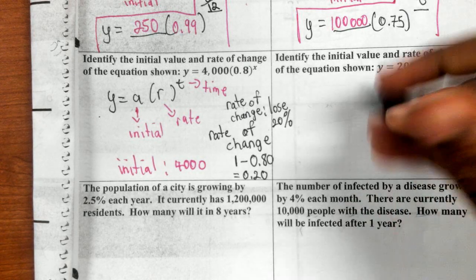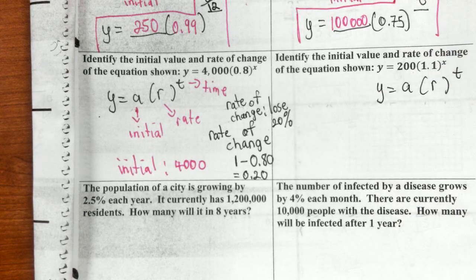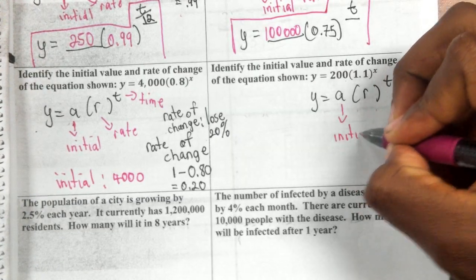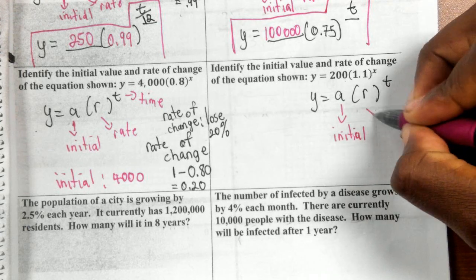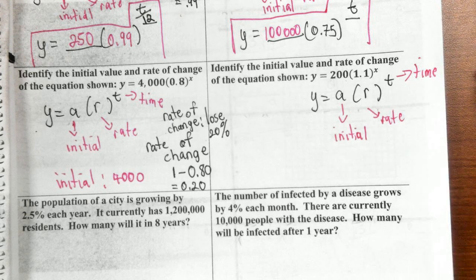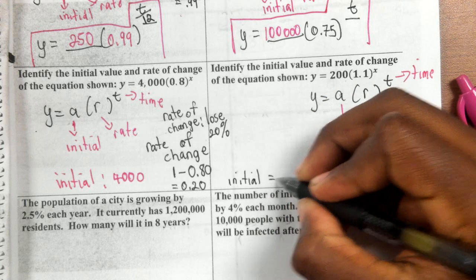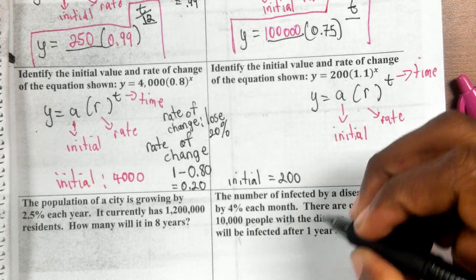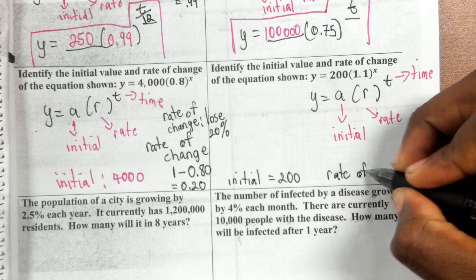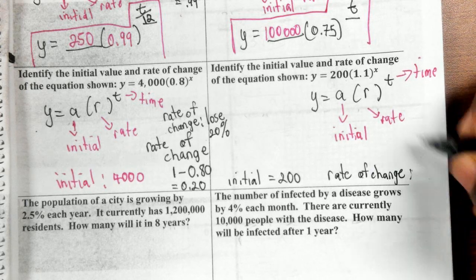So what do you think your initial is? Because again, it looks like that y equals a parentheses r to the exponent t, all right? So when you're doing this, you know that a is your initial value, r is your rate, t is time, okay? So your initial, we know, is 200. Your rate of change would be 1 minus this number.